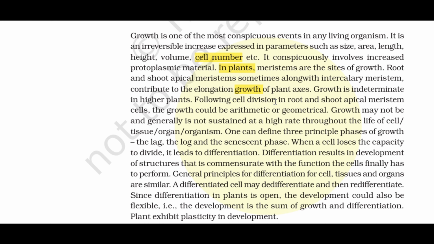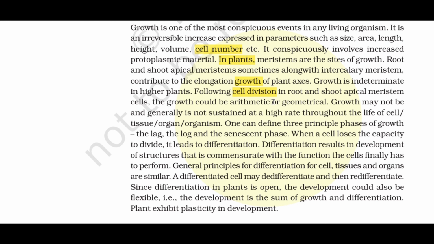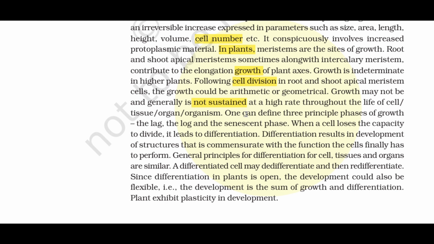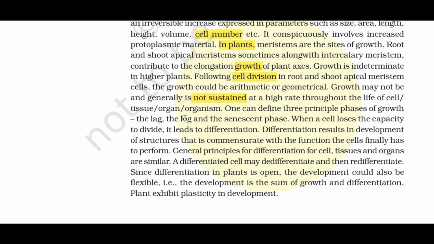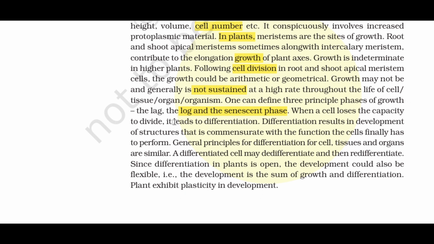Following cell division in root and shoot apical meristem cells, the growth could be arithmetic or geometrical. Growth may not be, and generally is not, sustained at a high rate throughout the life of a cell, tissue or organism. One can define three principal phases of growth: the lag, the log, and the senescent phase. When a cell loses the capacity to divide, it leads to differentiation.